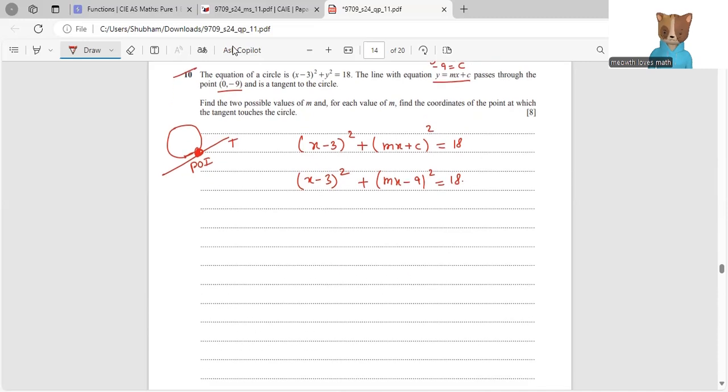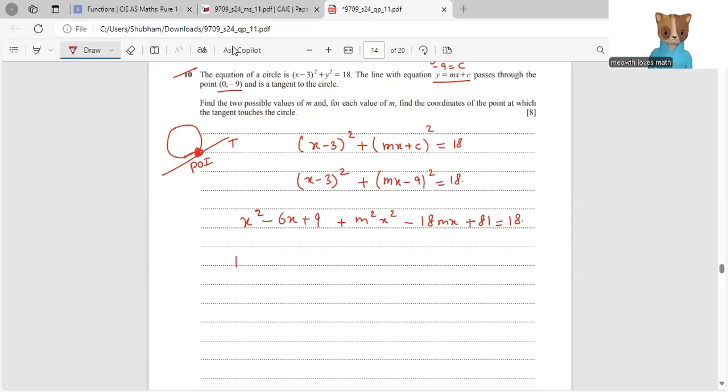Now, all we need to do is just expand this. So what we'll basically get is x square minus 6x plus 9, right? Plus m square x square minus 18mx plus 81 equal to 18. All right.